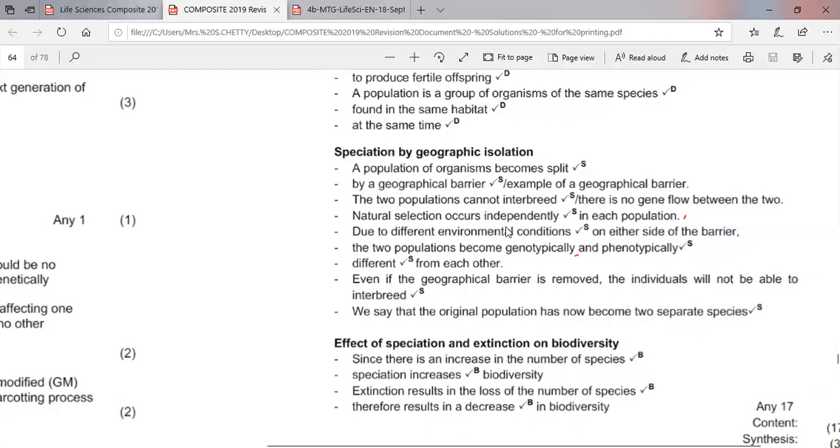I would have said due to different environmental conditions, natural selection occurs independently. The two populations become genotypically and phenotypically different from each other. Even if you remove the geographical barrier, the individuals will not be able to interbreed. We say that the original population has now become two separate species.